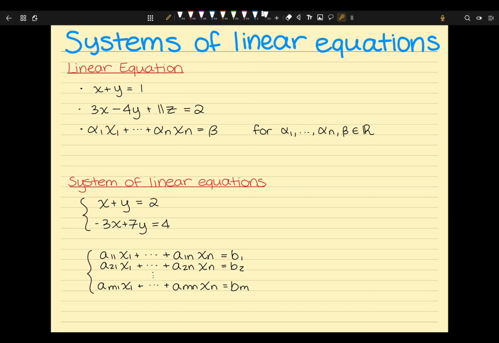A system of linear equations is when you have multiple linear equations in the same variables. We have two equations here and two unknowns, x and y. So you could solve this system of linear equations for the values of x and y.